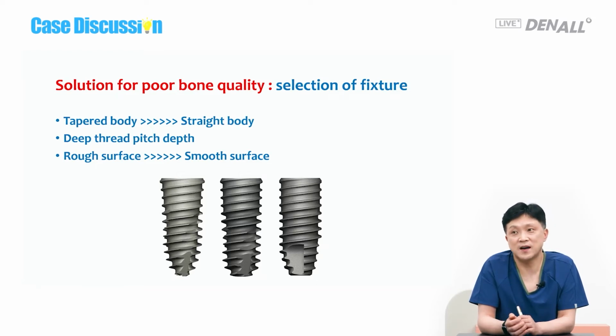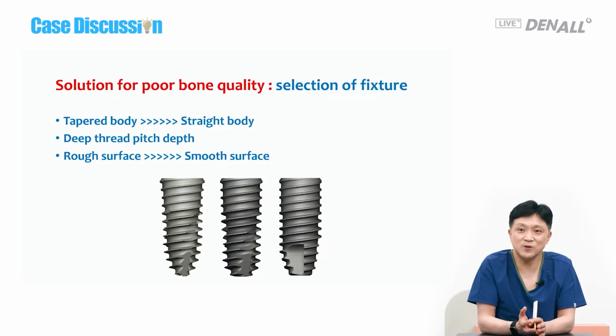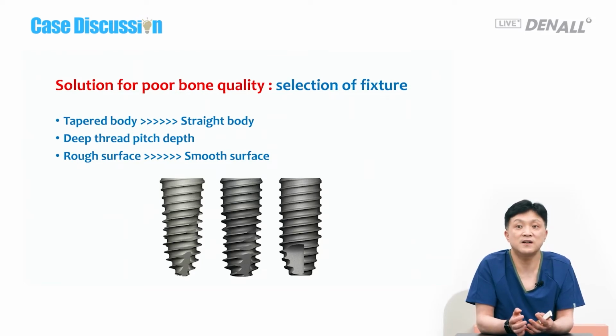Deep threads may be considered to have good initial stability. That is not the case. And of course, a rough surface and chemically modified surface is better than RBM or smooth surface in terms of the outcome. So when you expect the initial stability will not be very good, you need to consider these.